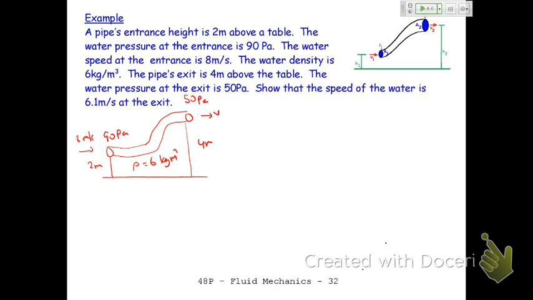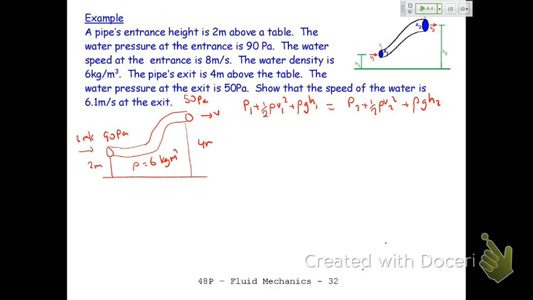So I go P1 plus a half rho V1 squared plus rho GH1 is equal to P2 plus 1/2 rho V2 squared plus rho GH2. The rest is plug and chug.